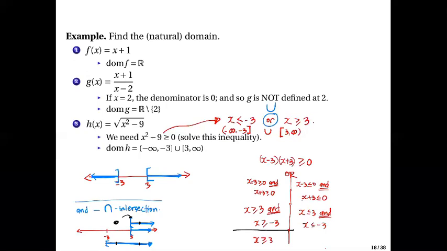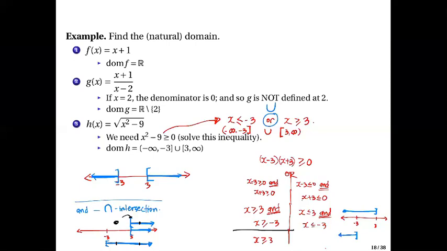what you will get is the following. So let us try to sketch. Same, you have here your real line, and then you have your negative 3 here, positive 3 here. You want your x to be less than or equal to 3, so your graph will be something like this. And then you also have x less than or equal to negative 3, so your graph will be something like this.